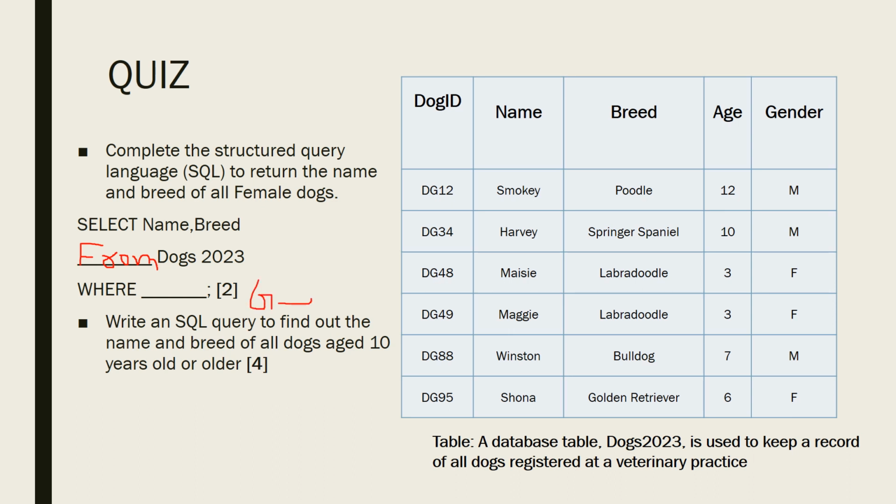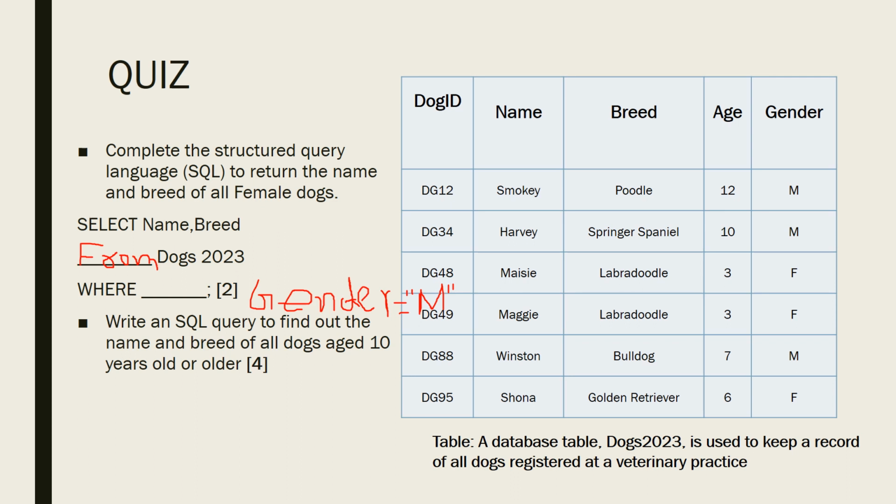It should be the same field name and the same characters which are specified in the table. Gender equals M. Sorry for the bad writing, actually I am using my mouse to write.